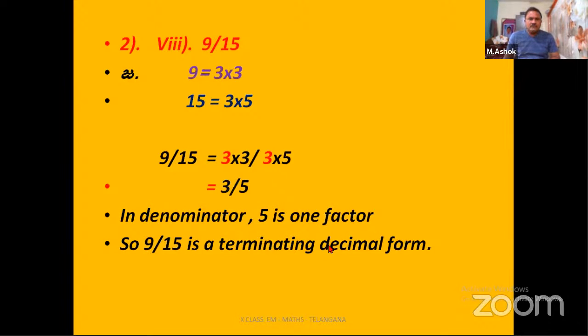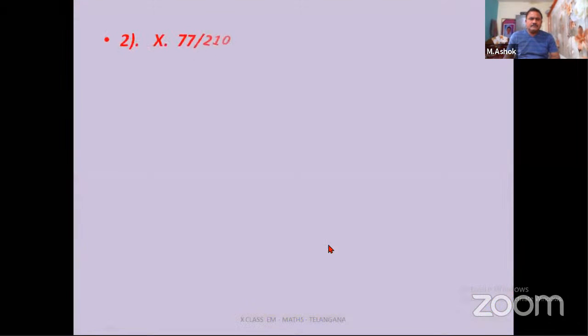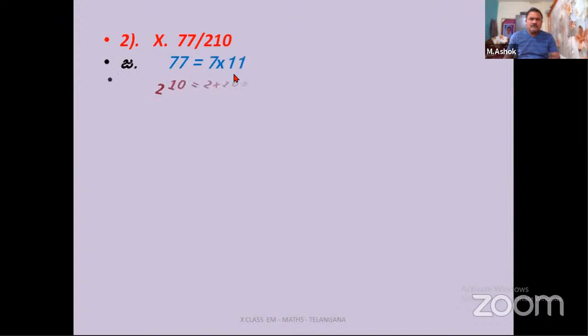I will end with one sum, 77 by 210. Here 77 means 7 into 11, and 210 means 2 into 105, 2 into 3 into 35, 2 into 3 into 5 into 7. I am writing the prime factorization.